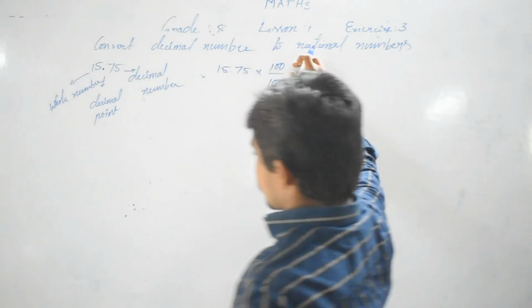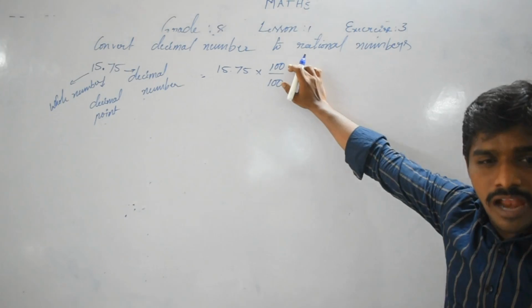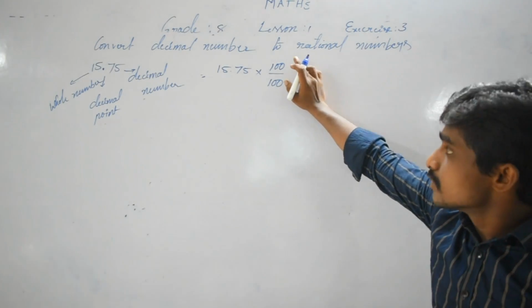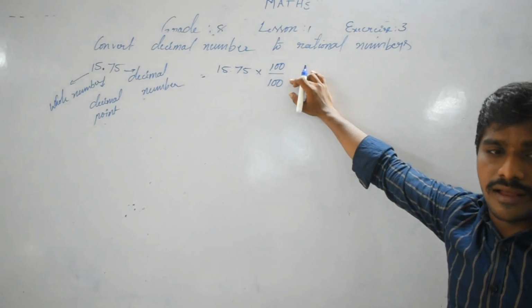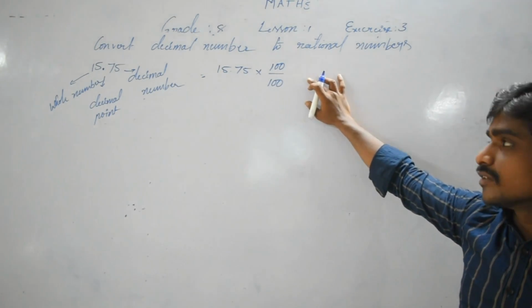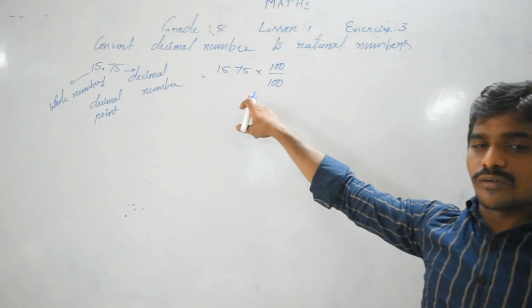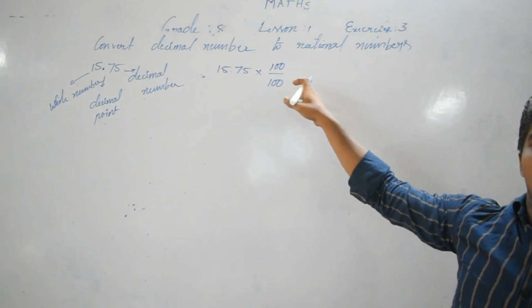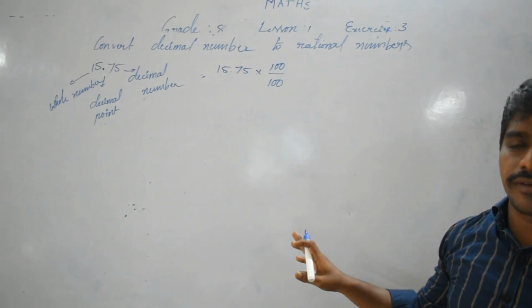Here the numerator and denominator are equal, so that value is always 1. Numerator here is 100, denominator here is 100. So both are the same, value 1. So 15.75 times 1 is the same number, its product.